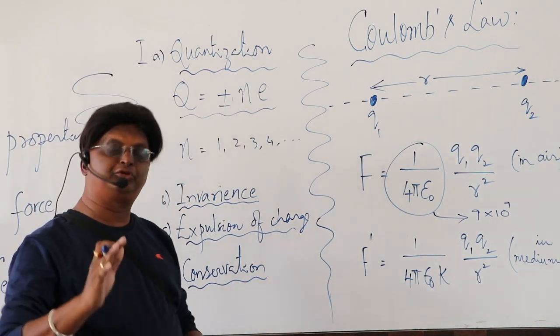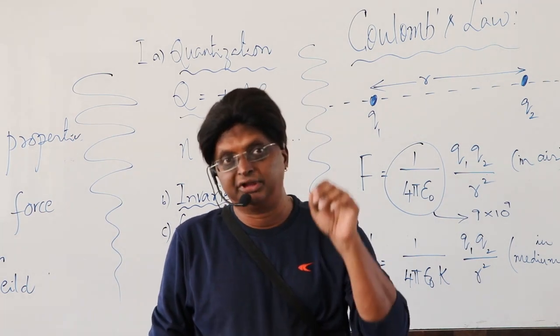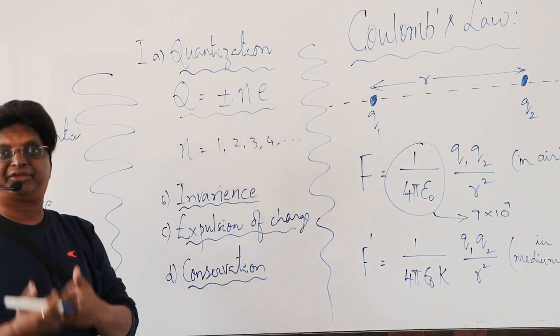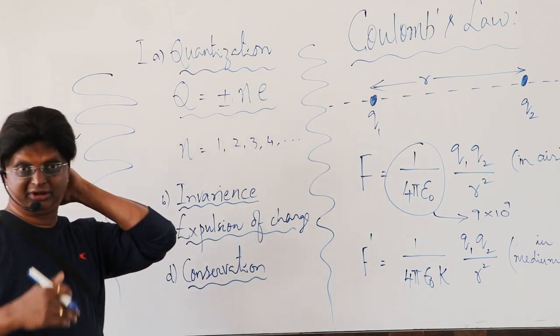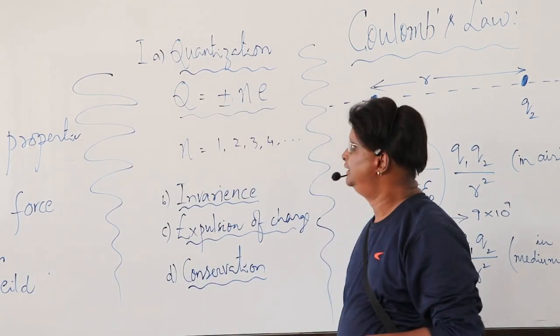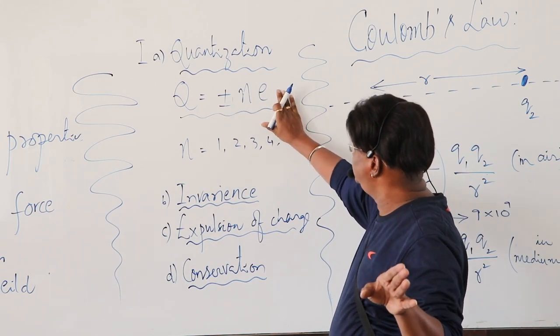So whenever you come across examples where particles or conductors are losing or gaining electrons, sometimes it is called excess of electrons, that is gain, and sometimes deficiency of electrons, that is losing the electrons. In all such cases, you will use Q equal to plus or minus Ne.